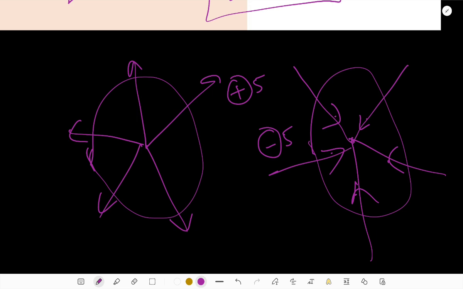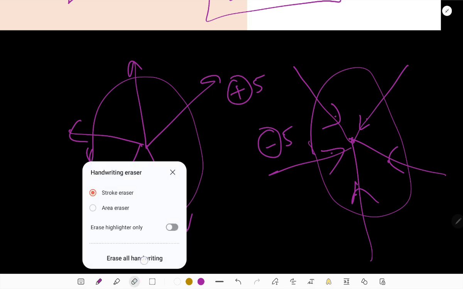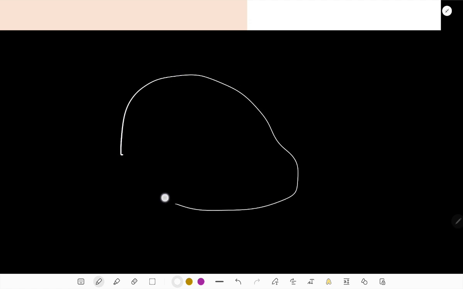So if you would like to think about flux through a closed surface, and I will show you how to find the flux through an open surface also. But this is a closed surface, an arbitrary closed surface.